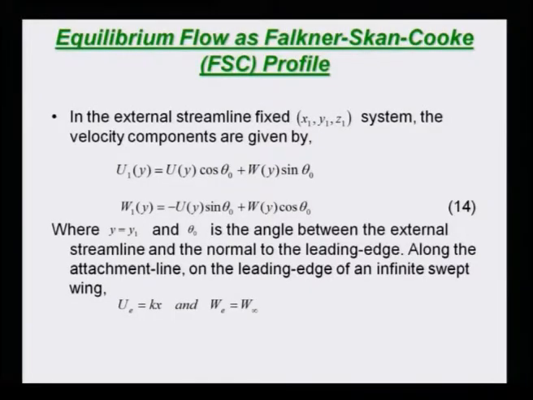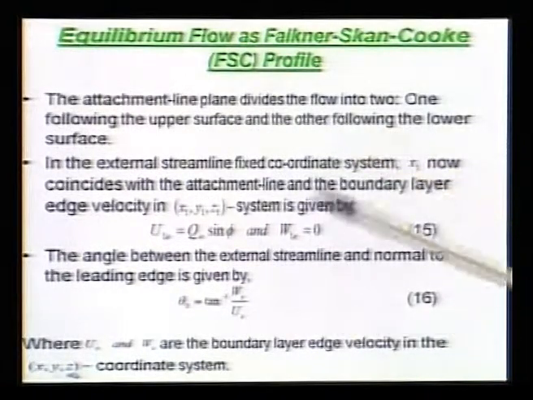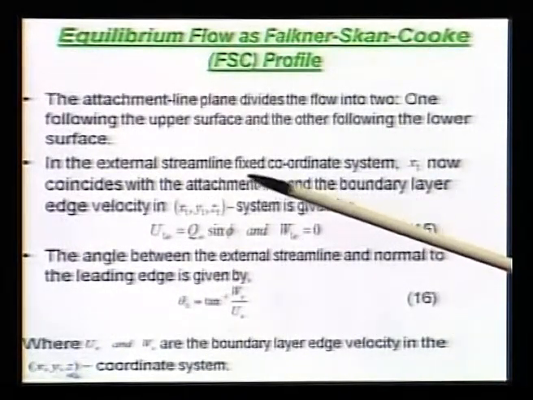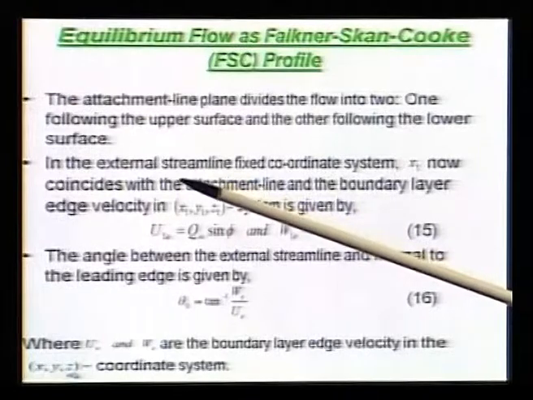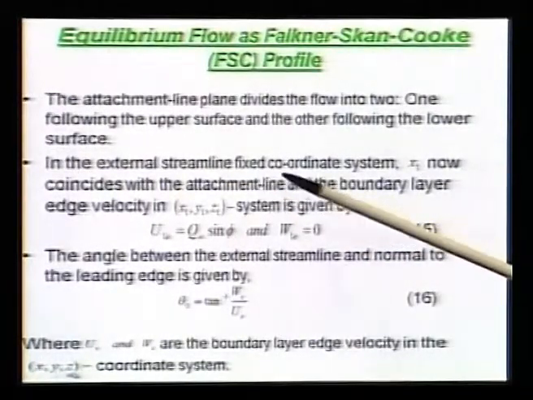So, once we have this edge condition provided for UE and WE, we could now think of the attachment line, that it divides the flow into two. One part follows the upper surface, the other follows the lower surface. And if I now focus my attention on the external streamline coordinate system, x1 now coincides with the attachment line.